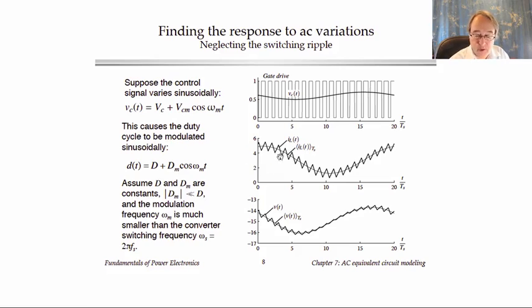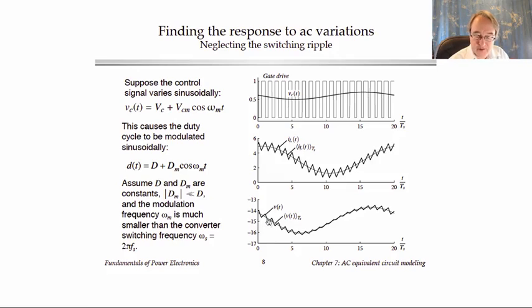So I've sketched here both the dark waveform, which is the actual inductor current, and this lighter, smoother line, which is what we call the average of the inductor current. It's a quantity that varies, and basically it's the waveform without its ripple.